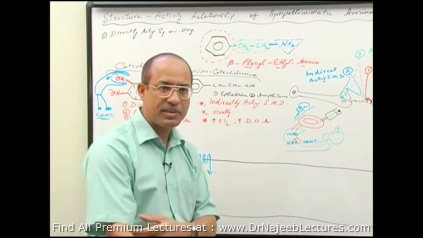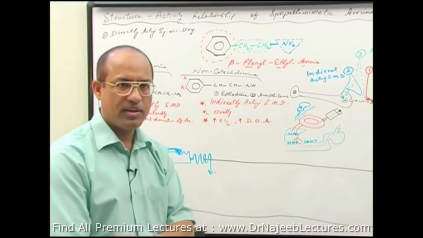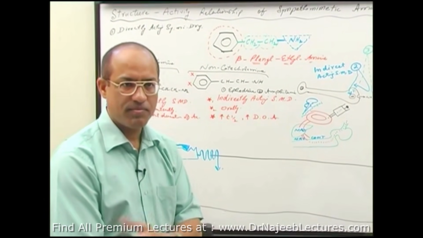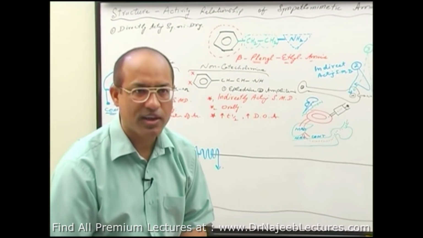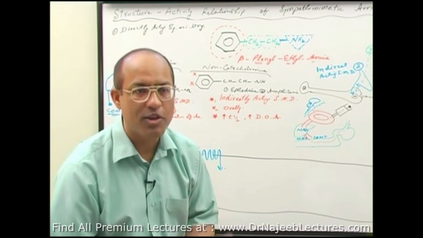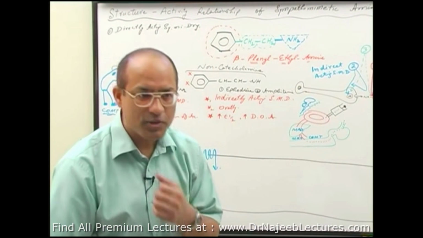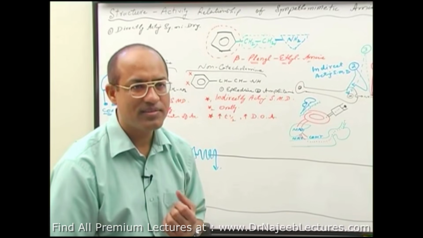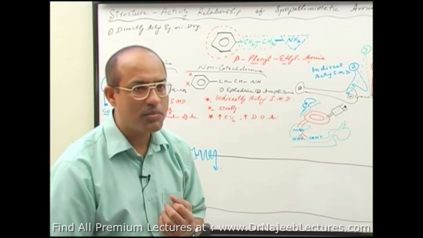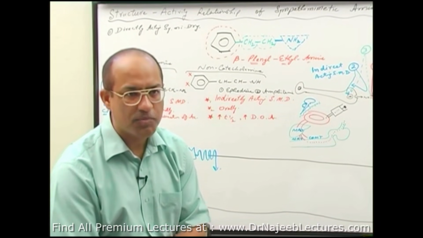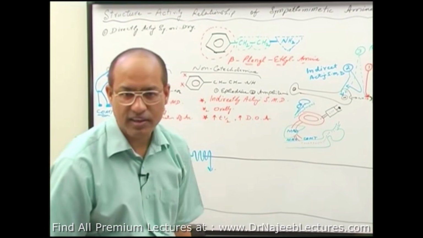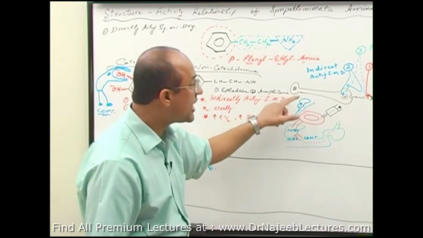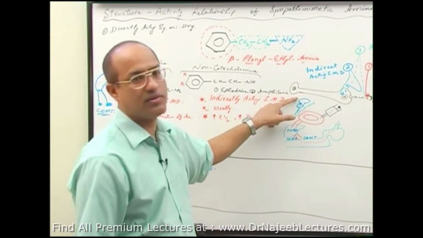No. When you give epinephrine or norepinephrine intravenously, they cannot cross the blood-brain barrier efficiently because they are highly polar. Due to that, once administered parenterally, they do not have any direct action in the central nervous system.